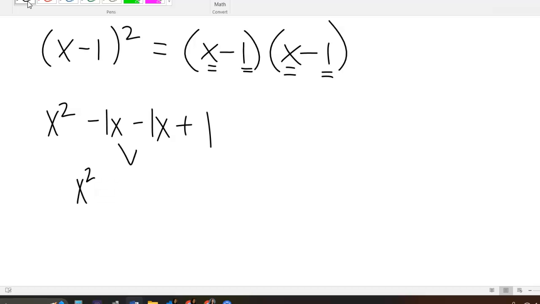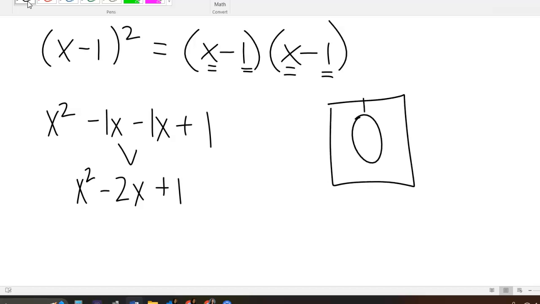The x squared stays the same. Minus 1x and minus 1x turns into minus 2x, and then the plus 1 at the back. And if I tried using my box to do the same thing, we have the x with a minus 1 on the side, the x with a minus 1 on the top. We multiply for all of our boxes.